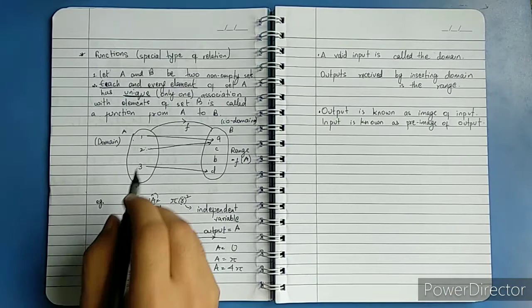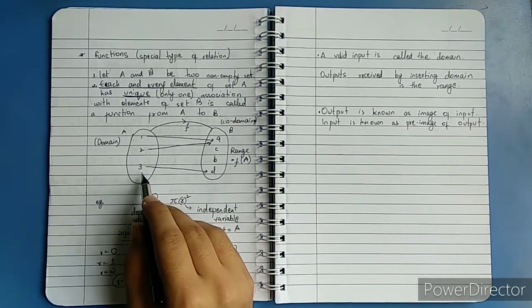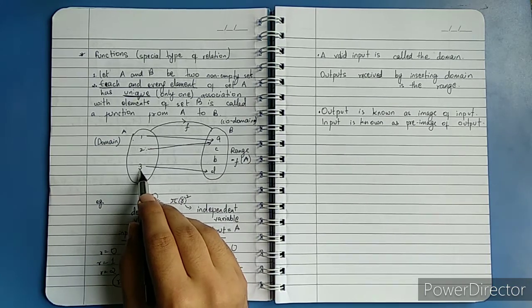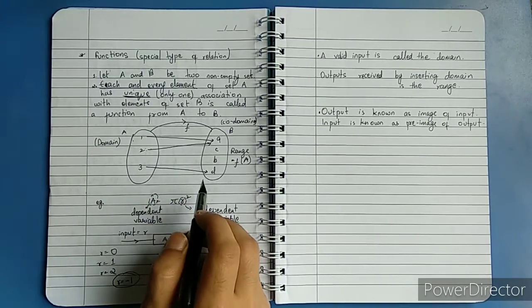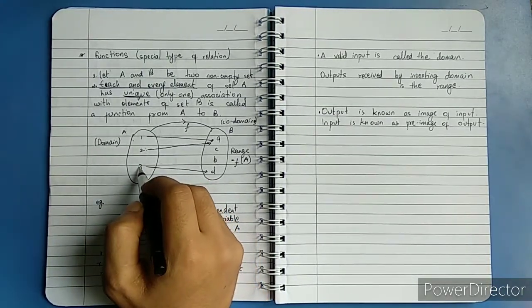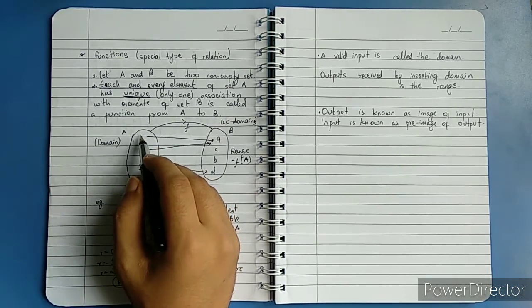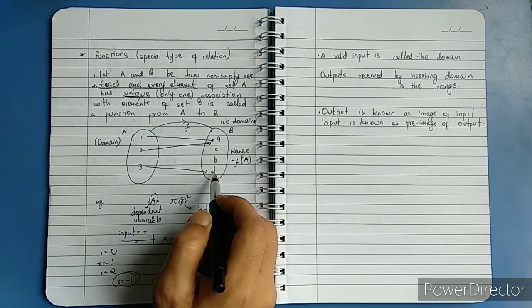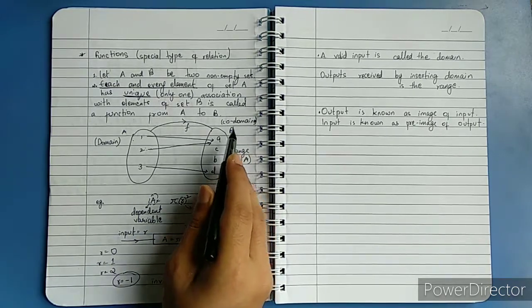So if I say this A or say D, so D is our image, and the pre-image of D is 3. So D is the image of 3 and 3 is the pre-image of D. So this is what image and pre-image mean. And 1, 2, 3 is the set of domain. Each and every element of the first set is the set of domain. And after inserting these values, the values that we get, that is A, D, this is the set of range. And this whole set, that is A, B, C, D, is the set of codomain.